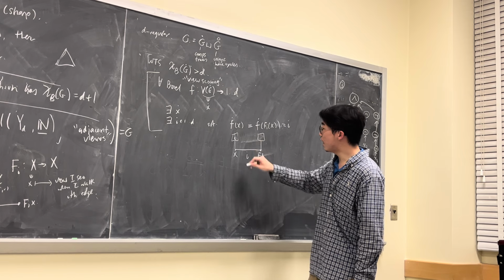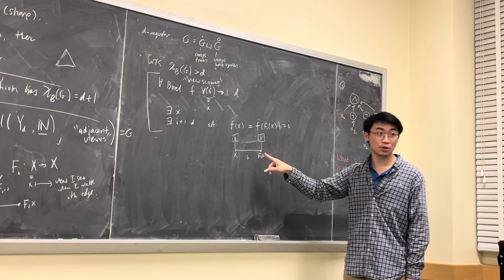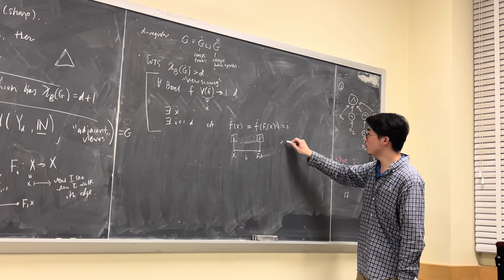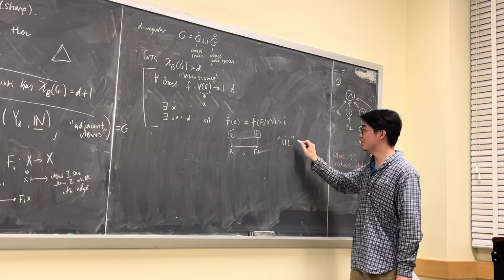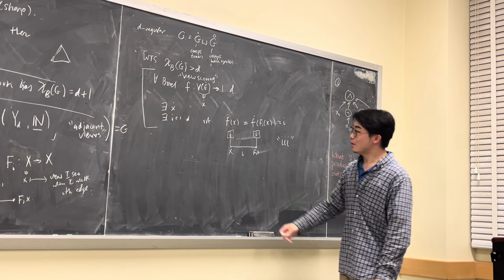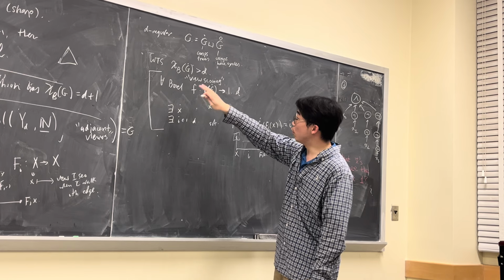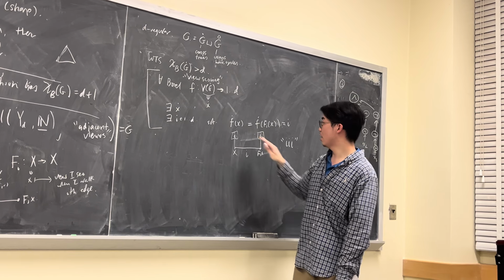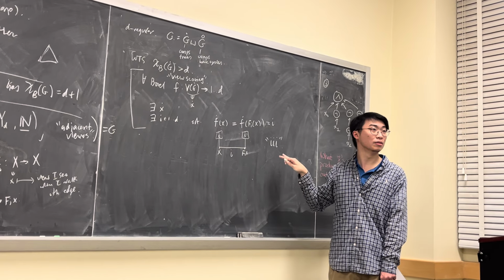So there's an i here, and the edge that you walked on was i. I call this i for obvious reasons. So in other words, I will actually show that for every Borel view scoring, there is i somewhere in there.